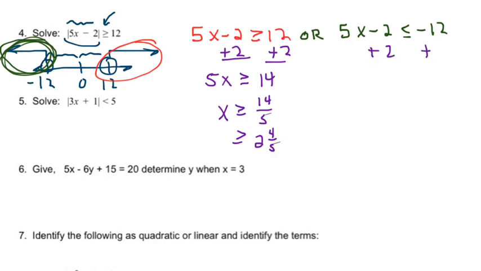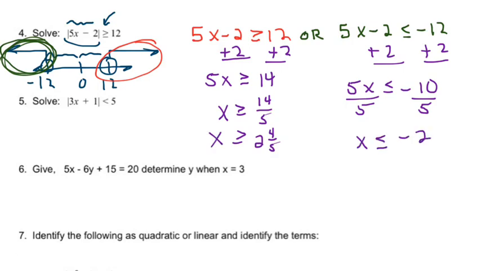The other inequality, we add 2 to both sides. 5x is less than or equal to negative 10. Divided by 5, we're divided by a positive, so the inequality stays. So x is greater than 2.8 or less than negative 2. So here's less than negative 2, filled in circle, pointing to the left.